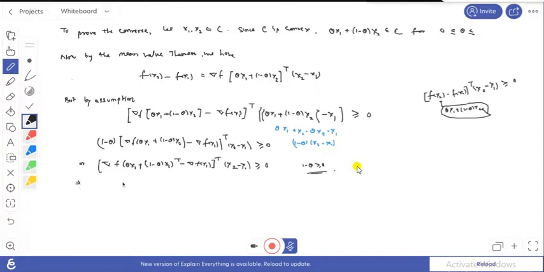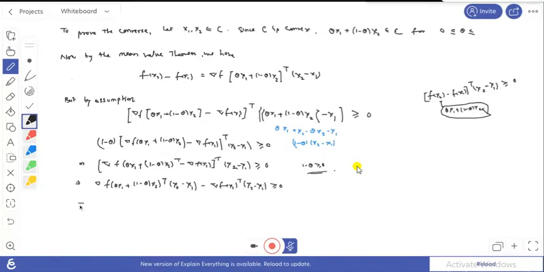So this implies, if we take this gradient of f at theta x1 plus 1 minus theta x2, transpose, with that vector x2 minus x1, minus gradient of f at x1, transpose, x2 minus x1, so we multiply that vector to both terms, this is greater than or equal to 0.